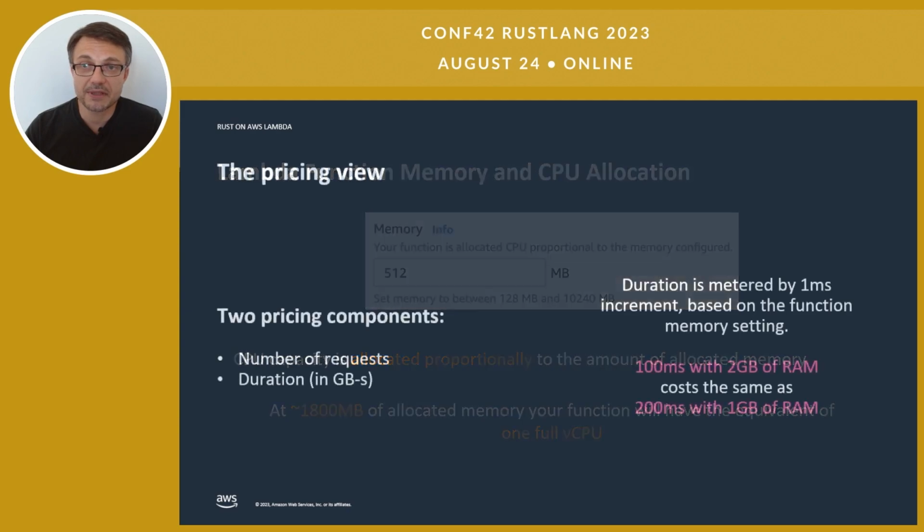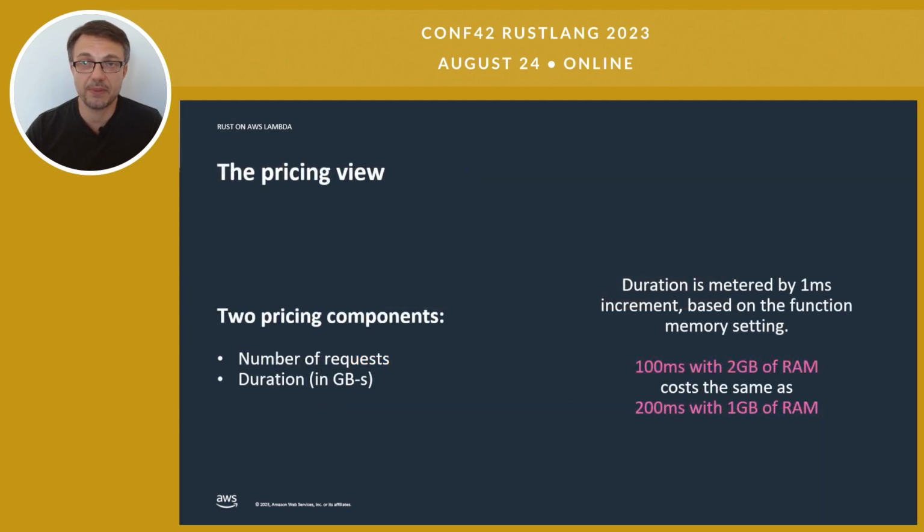And here comes another very important aspect, which is the pricing. The pricing for your lambda functions consists of two things. The first one is the number of requests. So the more requests you issue to the lambda function, the more you will pay. Another dimension is the duration, and duration is calculated in gigabytes per second.